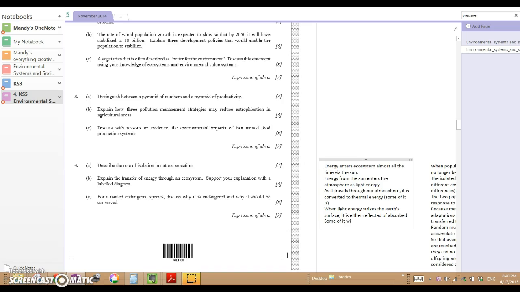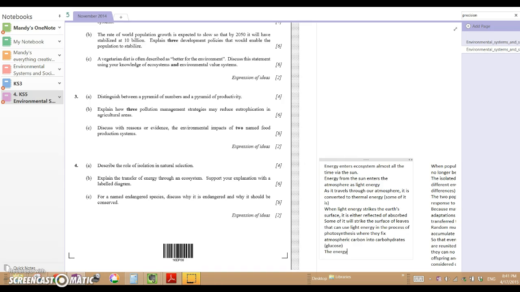Some of it will strike the surface of leaves that can use light energy in the process of photosynthesis, where they fix atmospheric carbon into carbohydrates, in particular glucose.